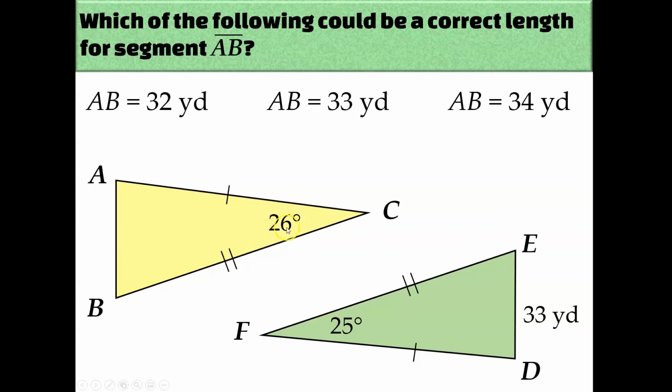The other information that I've been provided is that angle C is 26 degrees, whereas angle F is only 25. So since angle C is larger than angle F, we know that side AB must be longer than side ED. So out of these three options, the only one that would make sense is 34 yards, because 34 is bigger than 33, and 26 is bigger than 25.